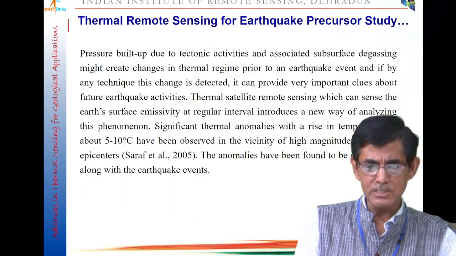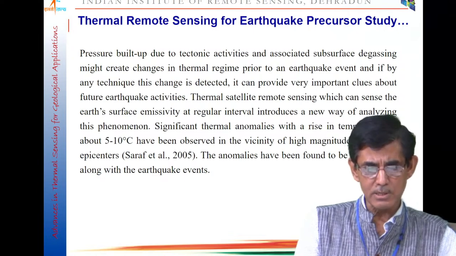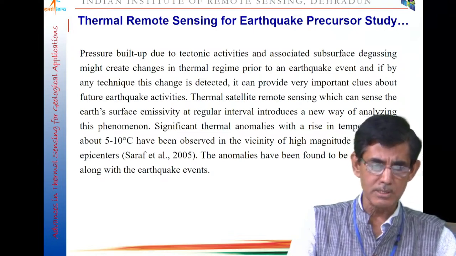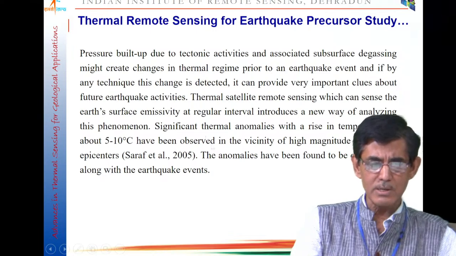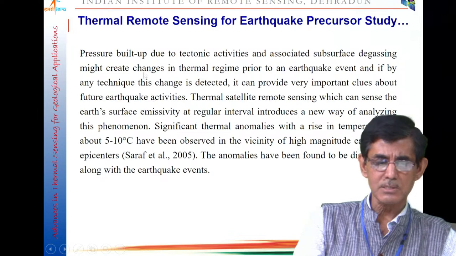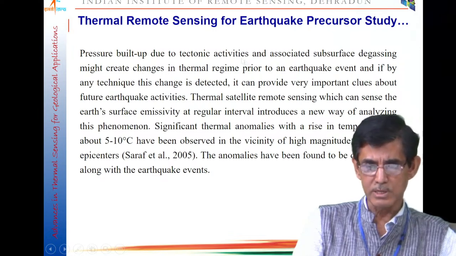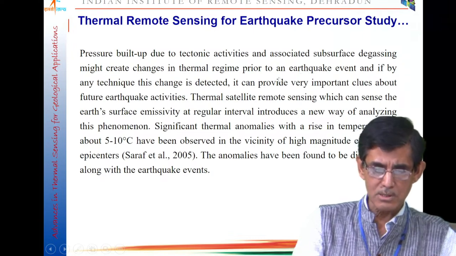Now coming to another application, that is the earthquake precursor study, thermal remote sensing for earthquake precursor study. Before an earthquake occurs, it is believed that pressure builds up due to tectonic activities and associated processes.